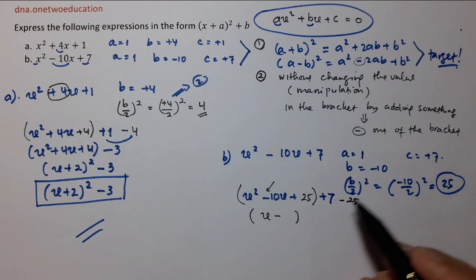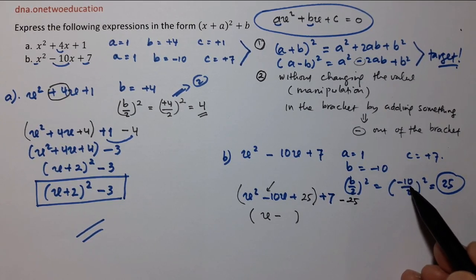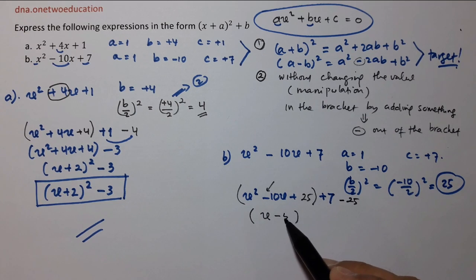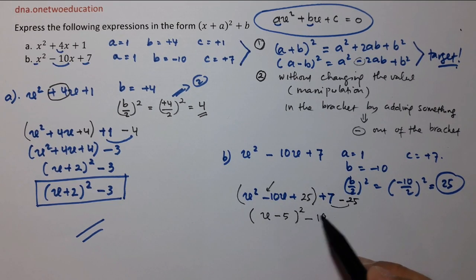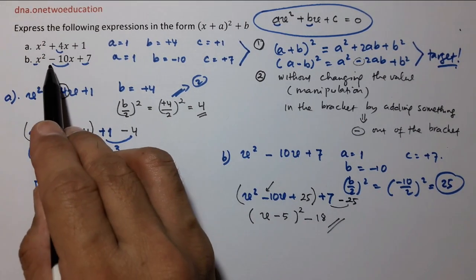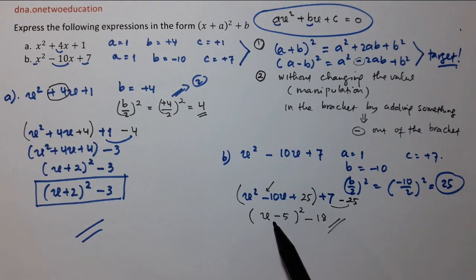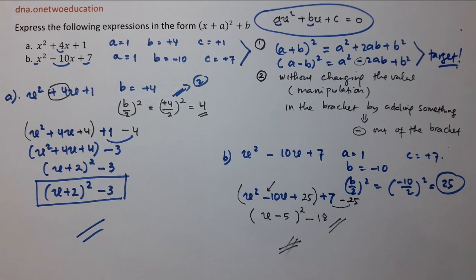You put the value before the square, so minus 10 over 2 is minus 5, so you put 5. Squared, and then here is minus 18. So the manipulation of the expression x squared minus 10x plus 7 is (x minus 5) squared minus 18. Is it clear, everyone? Hopefully clear. Okay, go to the next example.